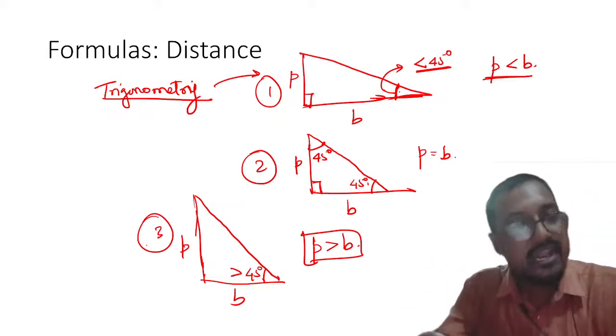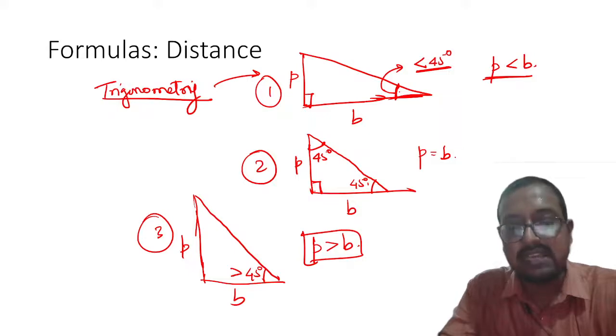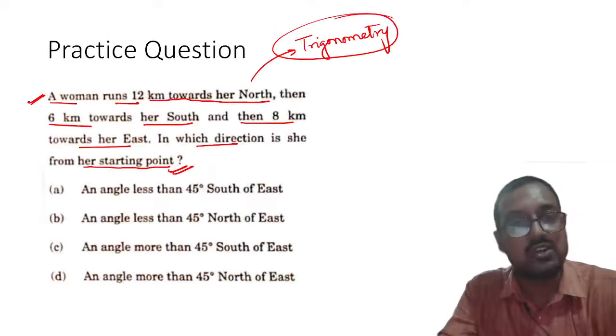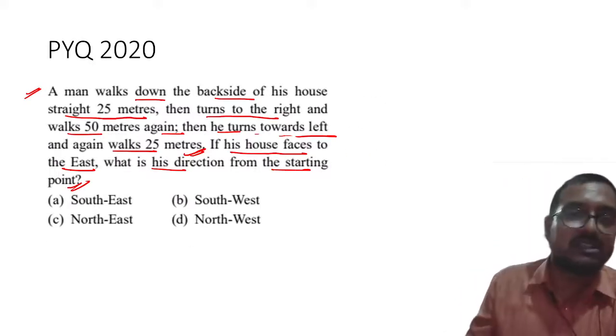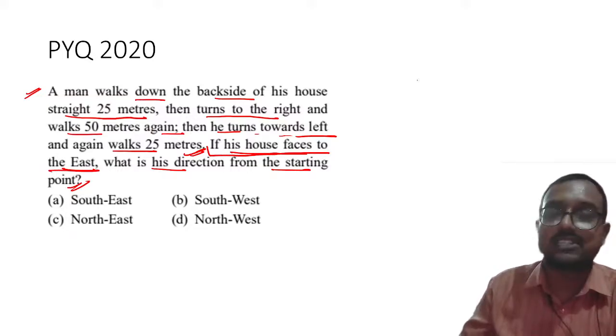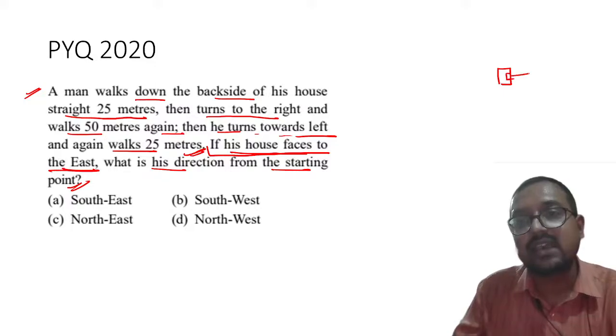You have to just rely on the question, do whatever it says, and then eventually you will come across the correct solution. Understood? Now my dear students, let us try to solve this. What the question says is that if his house faces to the east, so what to do? Let me make a house whose face is on the east.